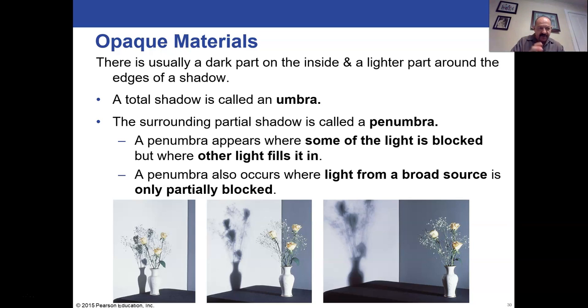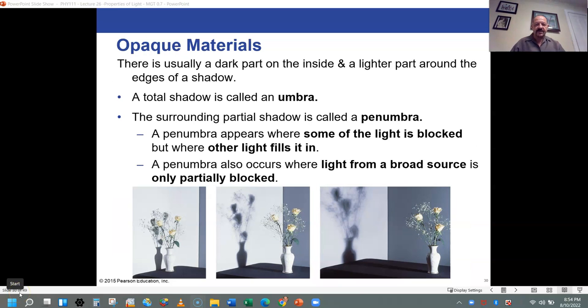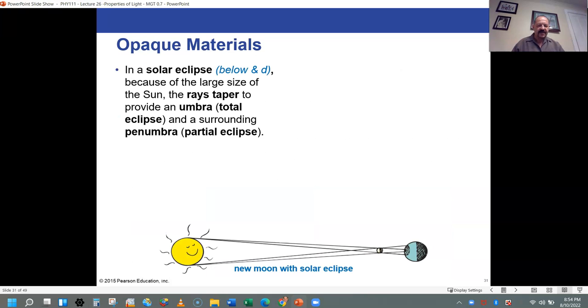You'll have umbra shadows, but they're surrounded by a fuzz of penumbra around them. Okay, the best way to illustrate the umbra and penumbra is by looking at a solar eclipse. This is a situation where the moon is directly in line between the sun and the earth.